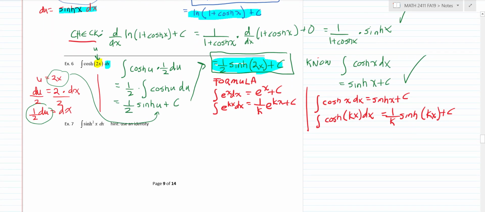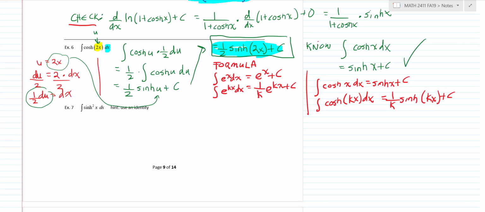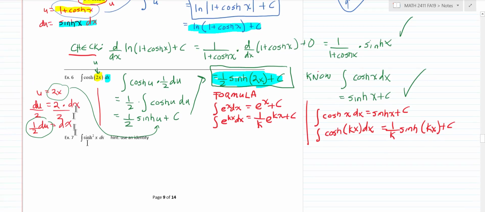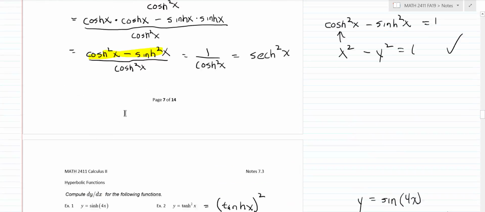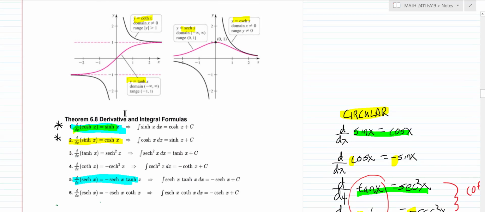Let's go down here to example 7, and we've seen this enough with circular trig functions that we have to use an identity on this. So first of all, there's a useful identity that we need. I'm going to go back to my formula sheet just to remind you of where I got this in the notes.